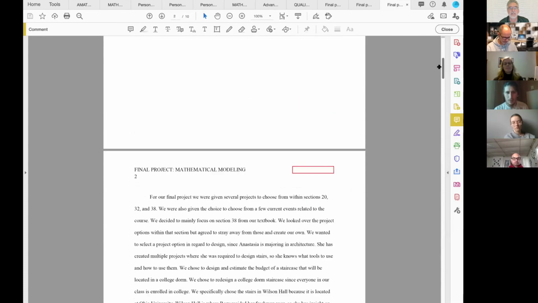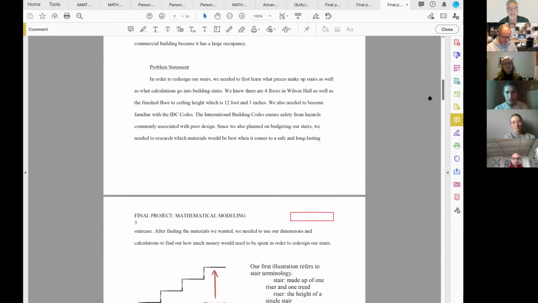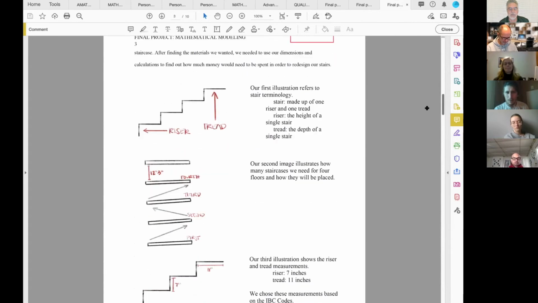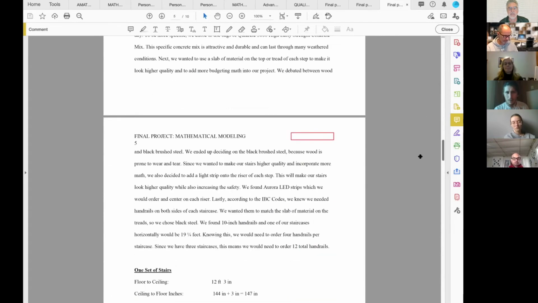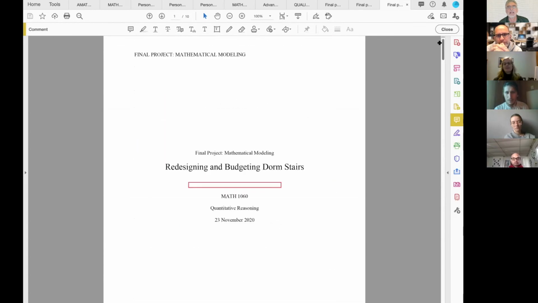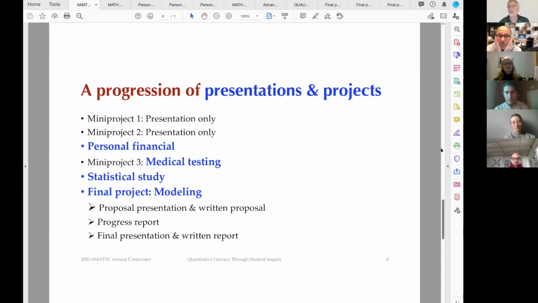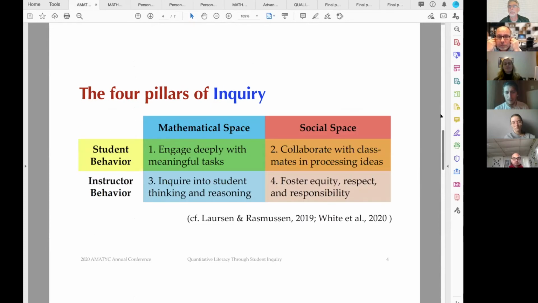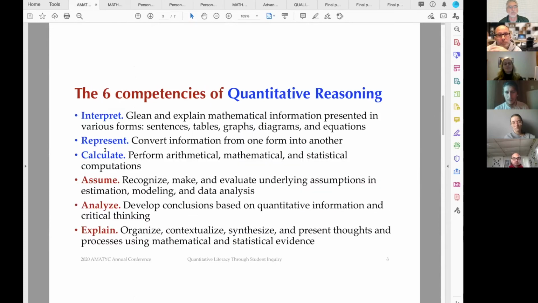Well, this does use arithmetic, and it uses the concept of rise over run, and it uses 3D modeling. As far as the content of the course, they learn to interpret, represent, calculate. It doesn't have to be super intense. A t-test is a calculation that was beyond the scope of the course, and doing the 3D modeling was beyond the scope of the course.